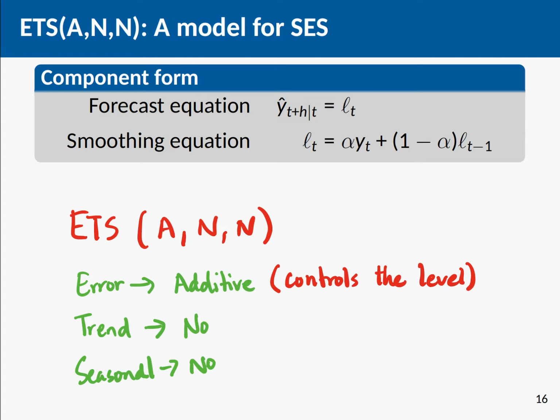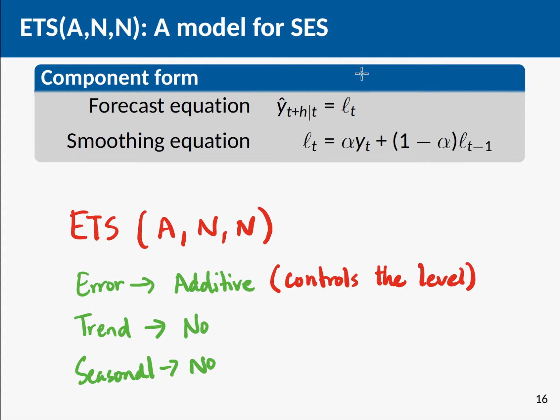Now, we had introduced some notation last time with ETS models, and for simple exponential smoothing, which is a model in which there is really no trend that you can see, or no underlying seasonal pattern, but the series sort of looks like it's all over the place. It is not displaying any trend or seasonality.